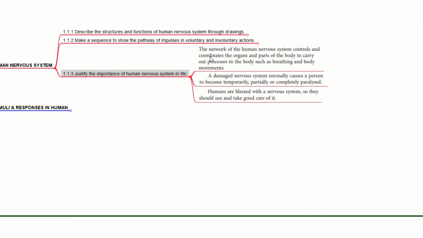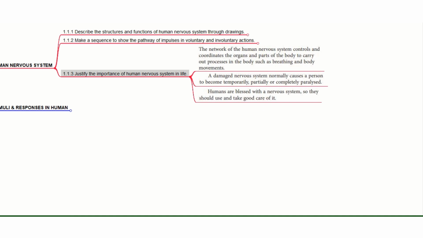The network of the human nervous system controls and coordinates the organs and parts of the body to carry out processes in the body, such as breathing and body movements. A damaged nervous system normally causes a person to become temporarily, partially, or completely paralyzed. Humans are blessed with a nervous system, so they should use and take good care of it.